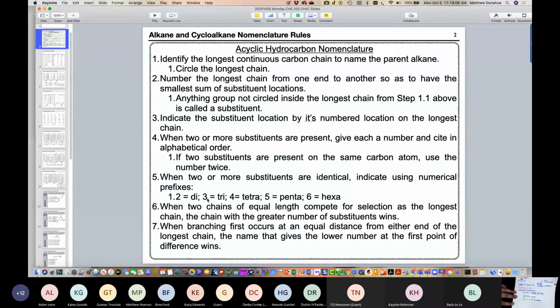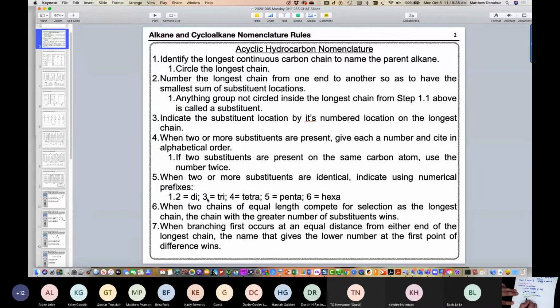One of the skills that you'll need to build throughout this module in Organic 1 and 2 is not only figuring out the name when you're given a structure, but if you're given the name, what is the corresponding structure? So when you read this 2,2,7 trimethyl octane, you can see there's sort of a natural break here.